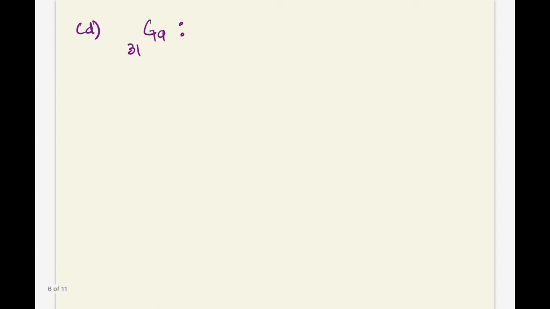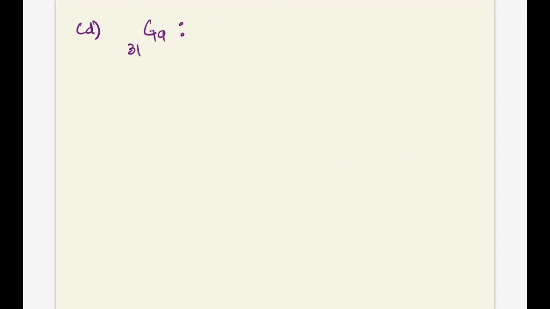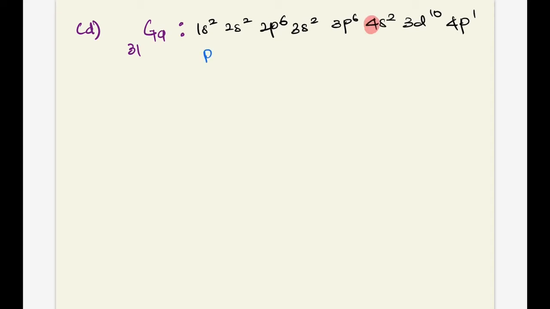And the last example is gallium. The electronic configuration is 1s2, 2s2, 2p6, 3s2, 3p6, 4s2, 3d10 and 4p1. Like I said before, when your electronic configuration reaches energy level 4, there is one extra step that you need to do, that you need to rearrange the electronic configuration.